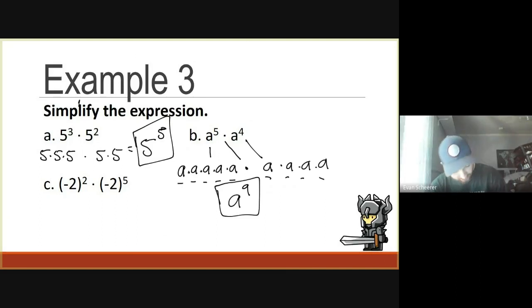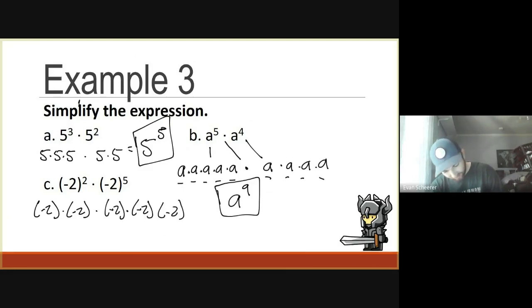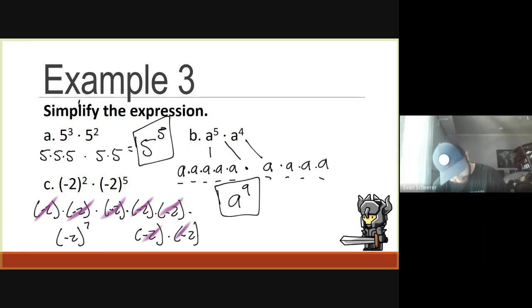And then this one is negative 2 times negative 2, and then times negative 2 times negative 2 times negative 2 times negative 2 times negative 2. So we have, let's see, 1, 2, 3, 4, 5, 6, 7 of them. So that's negative 2 to the 7th power.